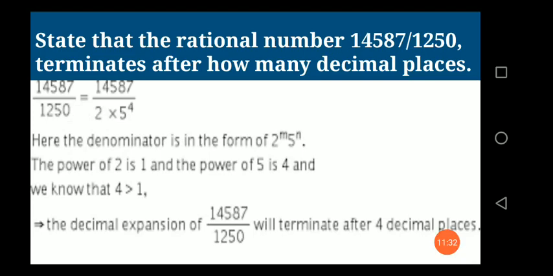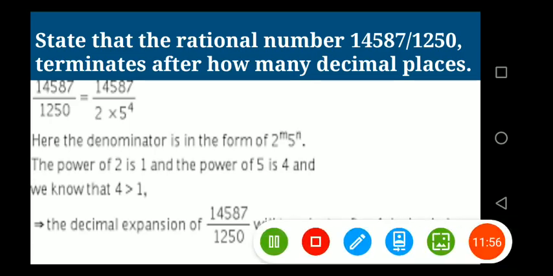The next question says, state that the rational number 14,587 by 1250 terminates after how many decimal places? We don't have to find the decimal expansion. We just have to say after how many decimal places it will terminate. Again the same process.